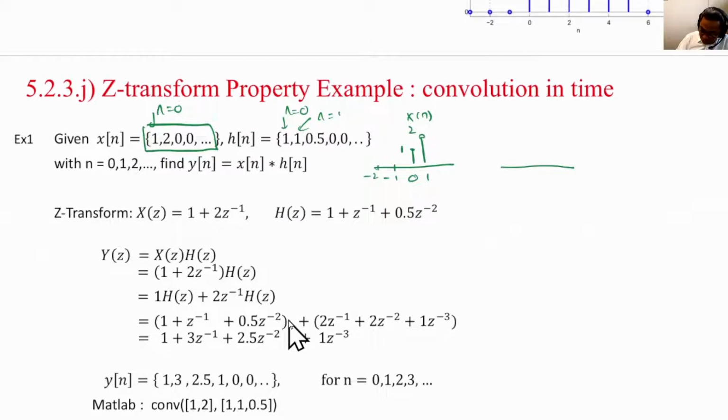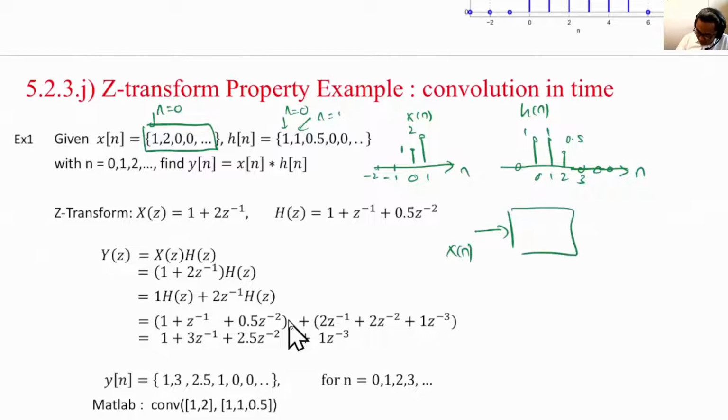The other sequence is h[n], which is 1, 1, 0.5, and 0 all the way. We're supposed to convolve these two sequences. This is x[n], this is h[n], and we are finding y[n]. So we are convolving an input signal x[n] with an impulse response h[n] to get y[n].